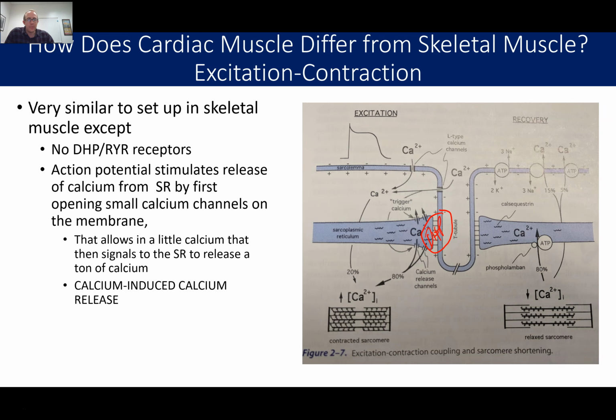And it was the stimulation of the DHP and ryanodine receptors that caused calcium to flow out of the SR. That was skeletal muscle.